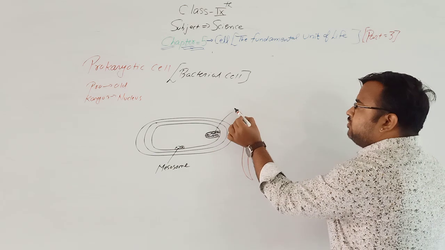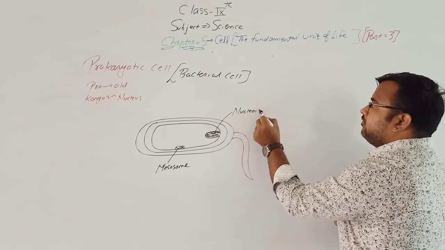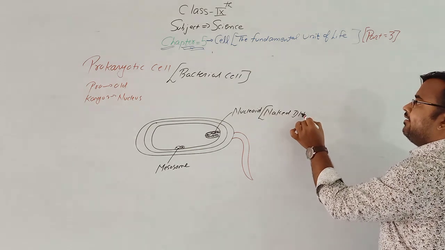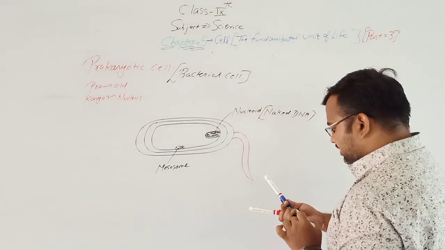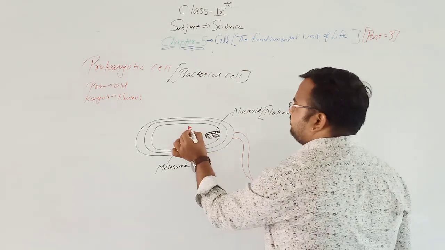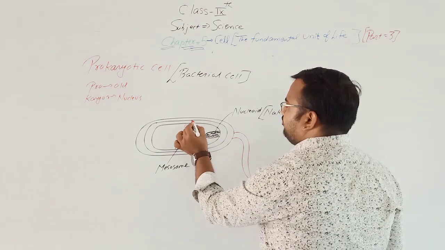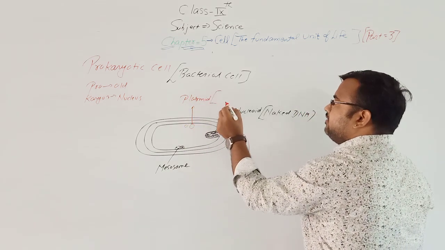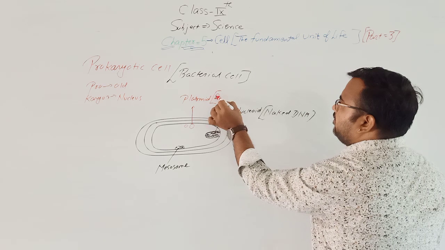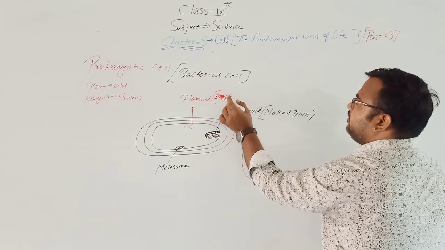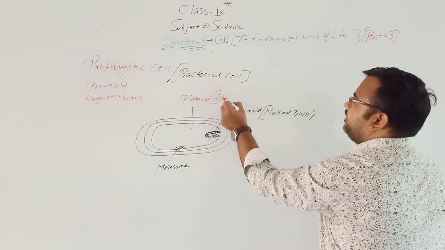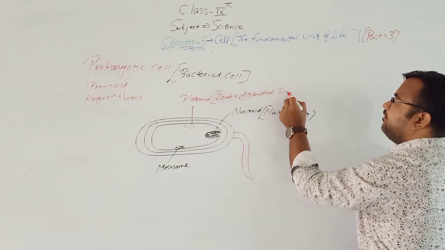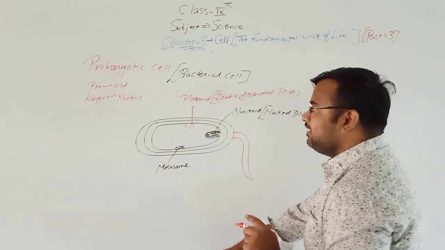This is nucleoid. Nucleoid means naked DNA. Now the next, this is plasmid. Plasmid is double-stranded DNA. Draw with me.